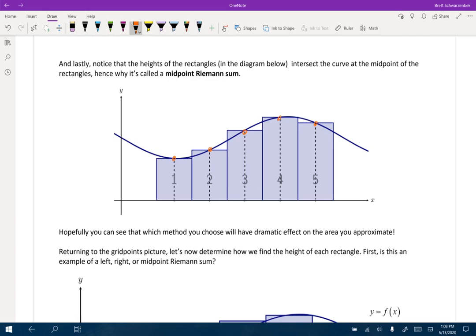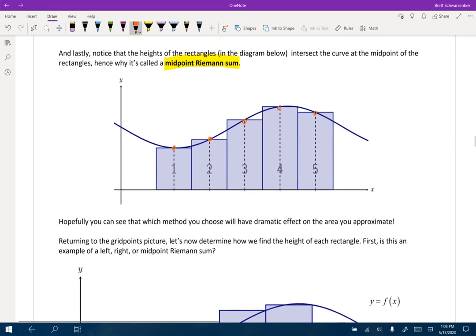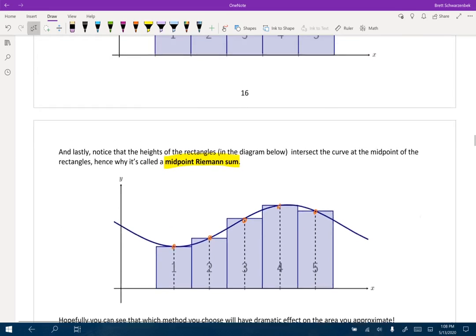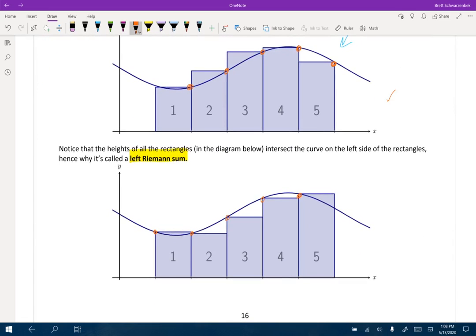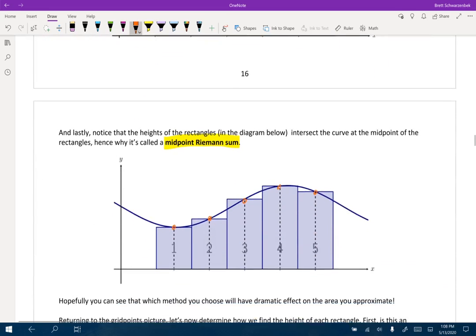So it makes sense that this is called a midpoint Riemann sum in terms of the method we would actually be doing. And again, if you look at the difference between these, hopefully you see the overestimate, underestimate, and maybe just about right.